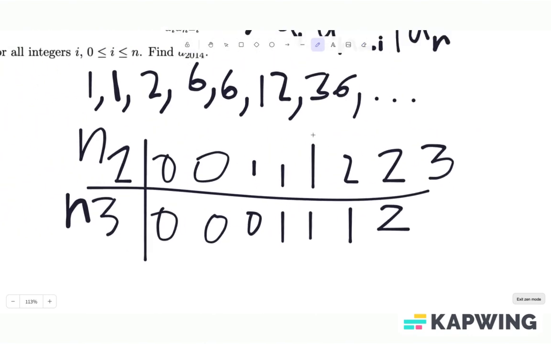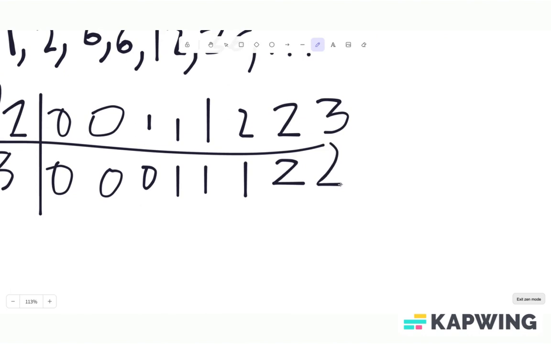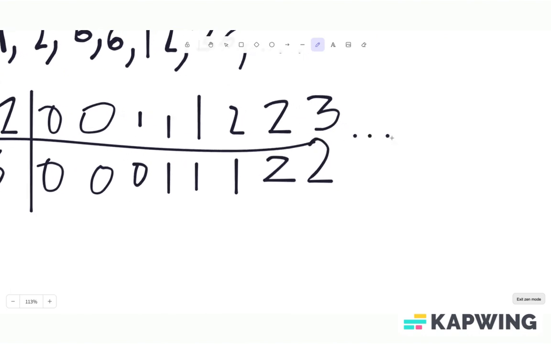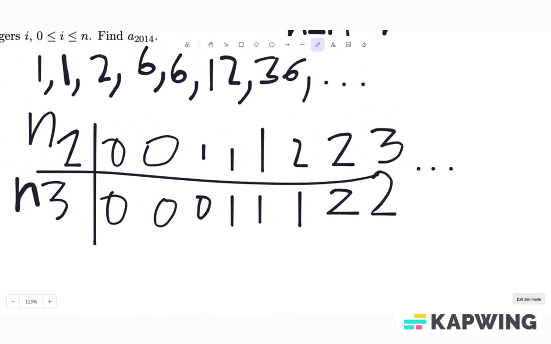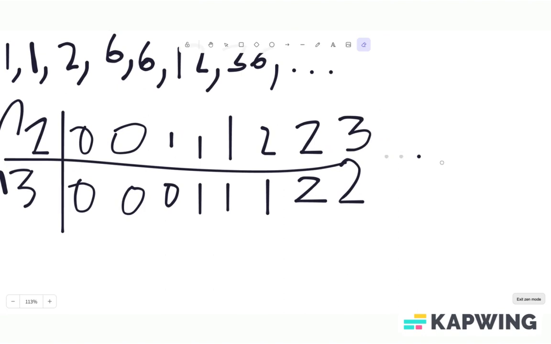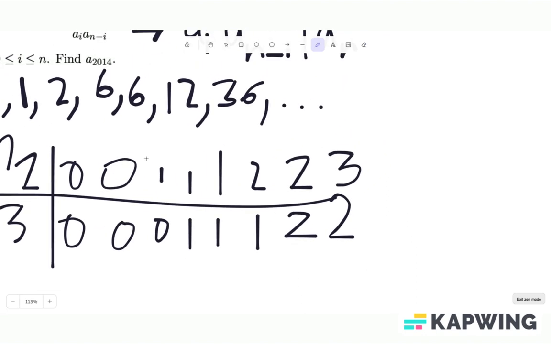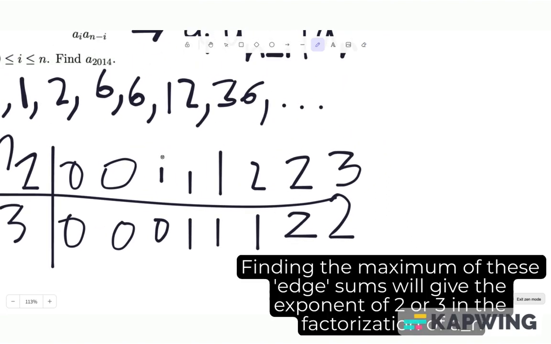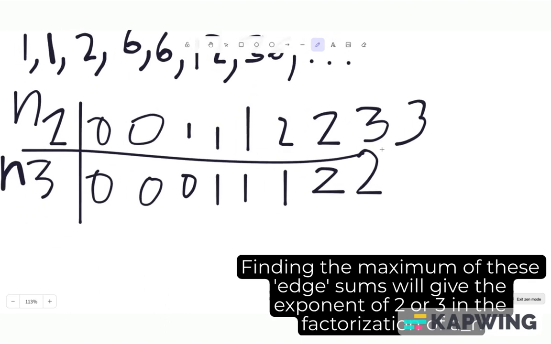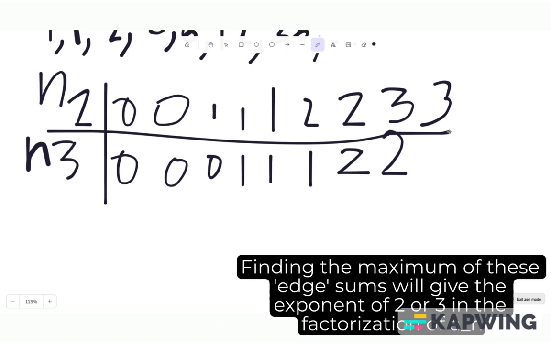So we have a sub 1 through a sub 6. To find a sub 7, we take a sub 1 and a sub 6, giving 2 to the 2. But actually we can match other pairs, so that's what I did wrong. You actually have 2 to the 3 in the factorization of a sub 7.